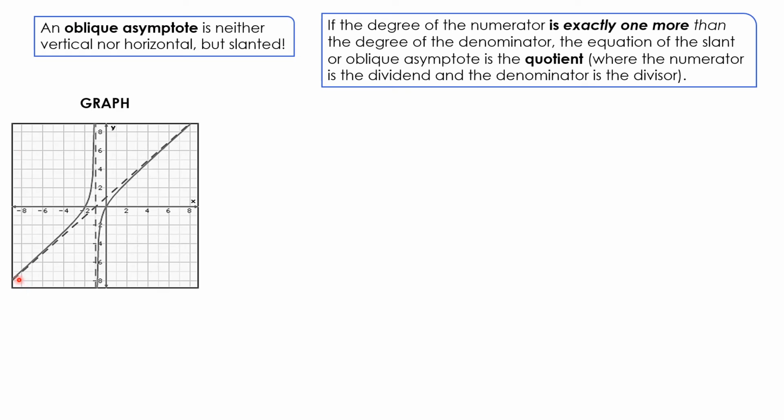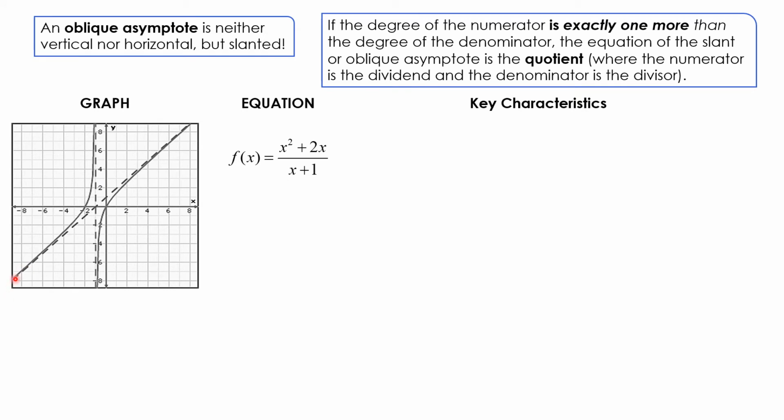Here we've got this brand new thing, which is an oblique asymptote or a slant asymptote. And that occurs when we get an equation where the degree of the numerator, which in this case is a 2, is 1 more than the degree of the denominator, which is a 1. So that's how you know you're going to get a slant asymptote.